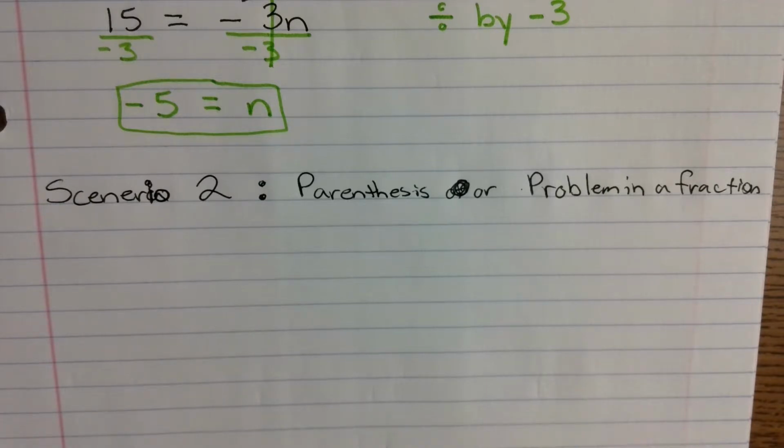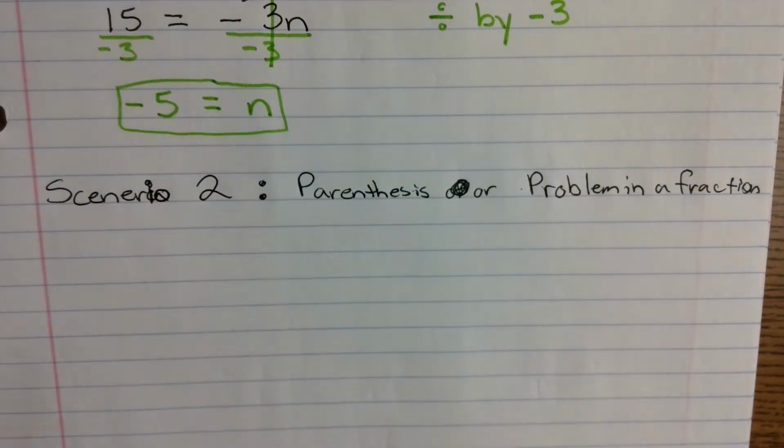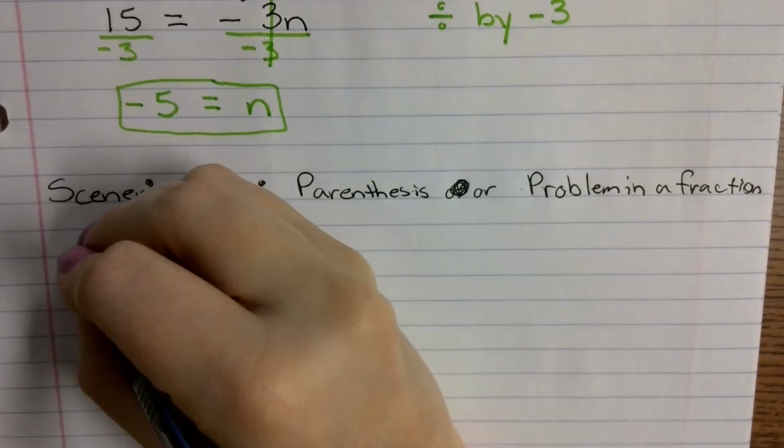So maybe x plus 7 is the numerator and the denominator is a 3. Or you have parentheses with a value outside of it, which we know is the distributive property. But because we're talking about just 2 steps, we wouldn't actually distribute to solve. You could, and that would make it a multi-step problem, or you could solve it in just 2 steps.